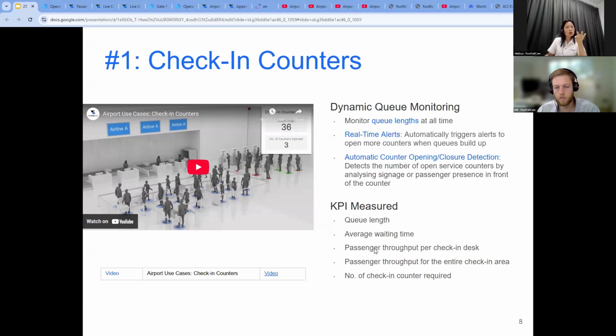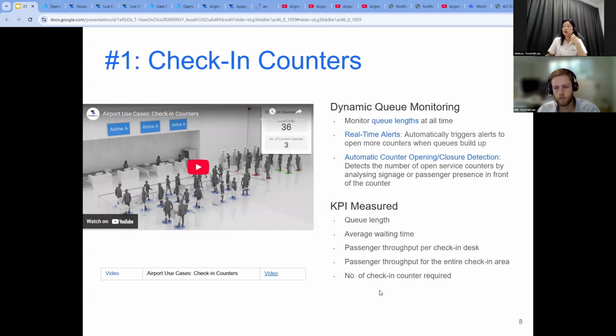The passenger throughput per desk, the service rate per counter, and the overall check-in area throughput, the aggregated performance for the zone. You can have different zones like domestic, international, or check-in zones A, B, C, D, and so you can aggregate them accordingly.